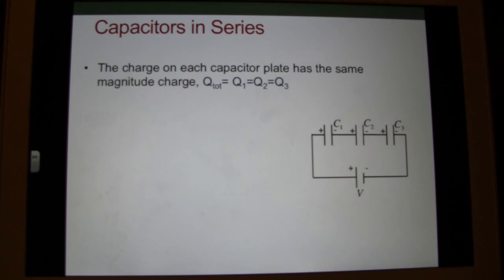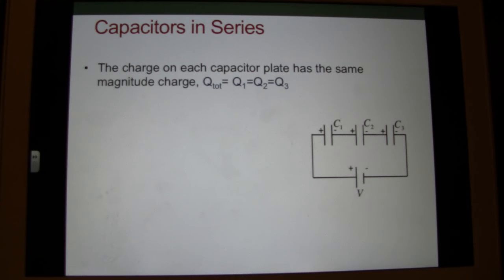And then, in the space between C2 and C3, like repel and unlike attract, so the negative charge moves to the left onto the right plate of C2, and the positive moves to the right onto the left plate of C3. The charge on each capacitor has the same magnitude.